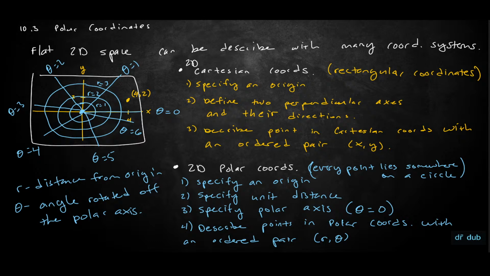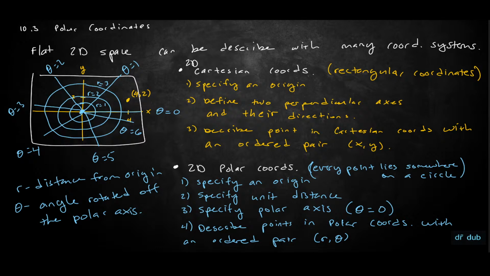So you have a different type of axis now. You have a theta axis, which is the rotation, and you have an r axis, which is the distance away from the origin, no matter which angle you're at.